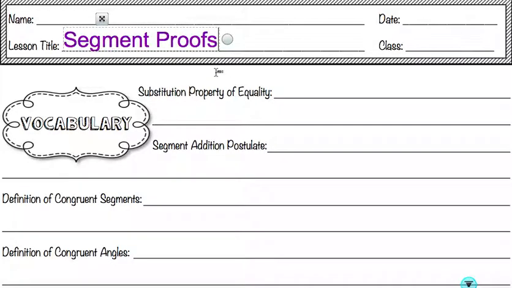The substitution property of equality is when you substitute one value with another.